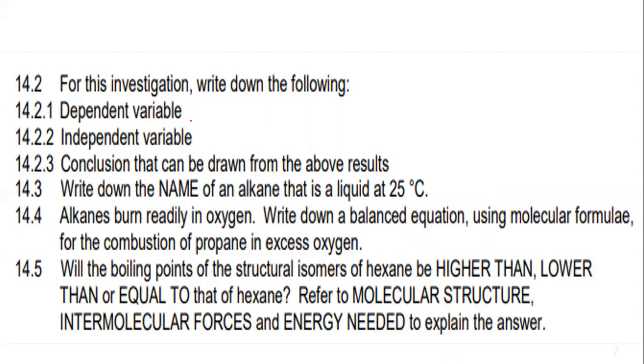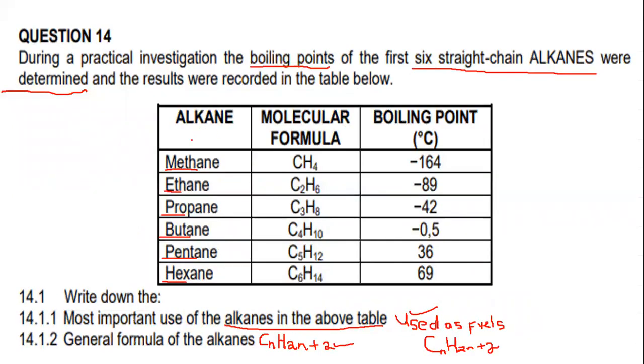I want to put it simply, and that's not a definition of an independent variable, but it will help you to remember easily. An independent variable is the variable that you are changing during the experiment. So anything that is changing during the experiment is an independent variable.